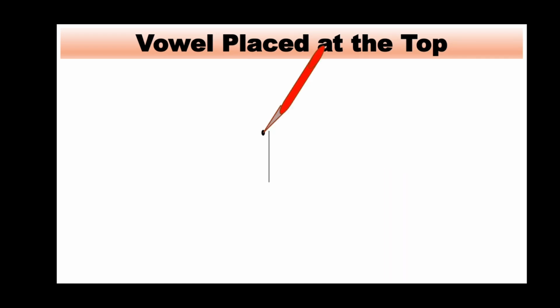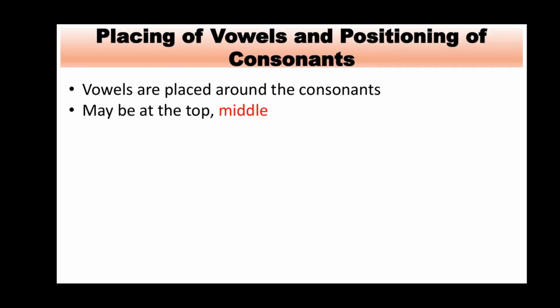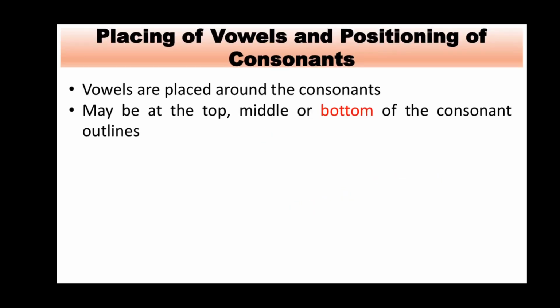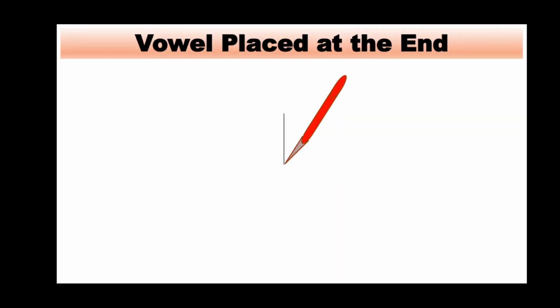So we have before, that is A-T, just like at, or after the consonant, that is T, A. The vowel may also be at the middle of the consonant, instead of the top, so it will be at the middle of the stroke, while a vowel can also be at the bottom of the consonant, that is at the end of the consonant, just like in the T.